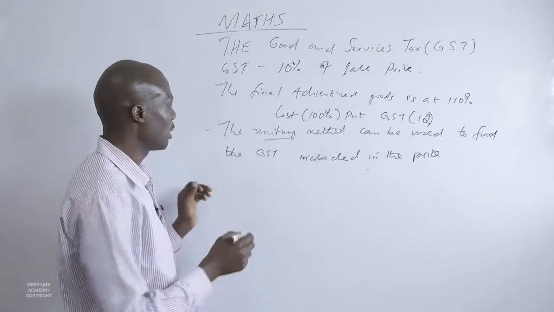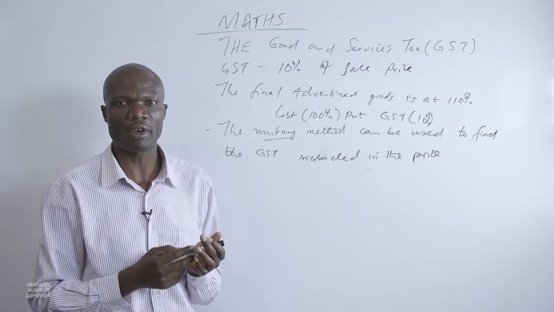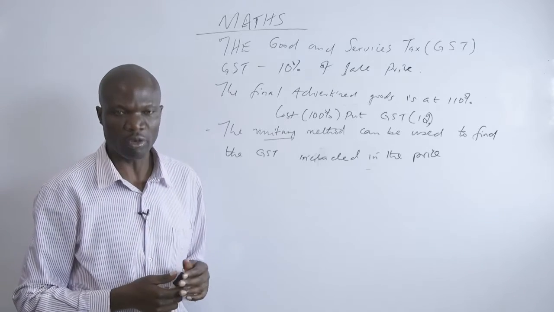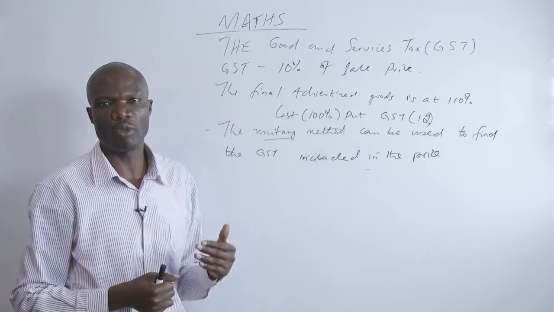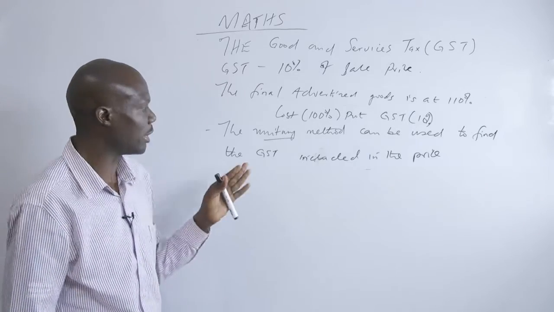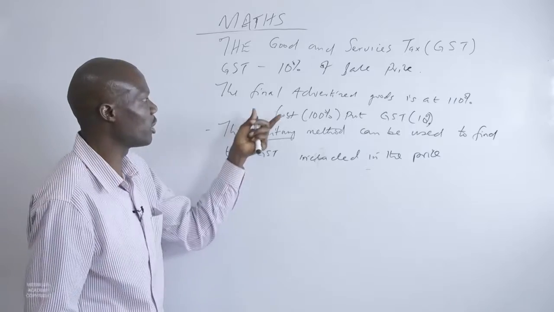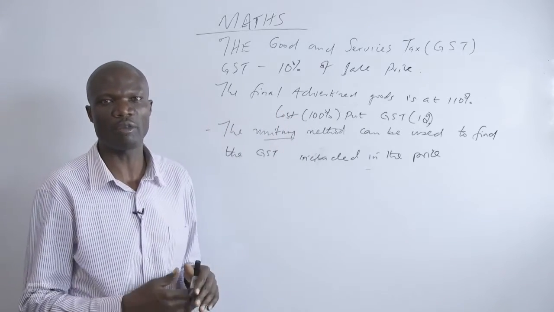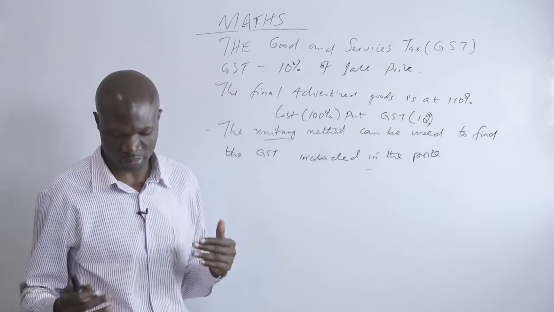So it involves finding what one unit pertains to, usually 1%. We need to reduce everything to 1% first, and then find what would be the 10%.